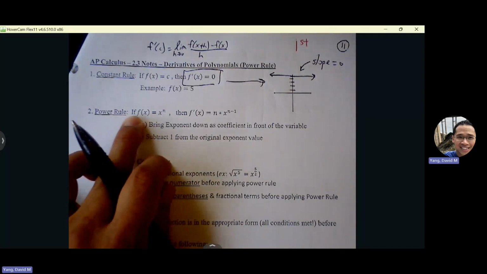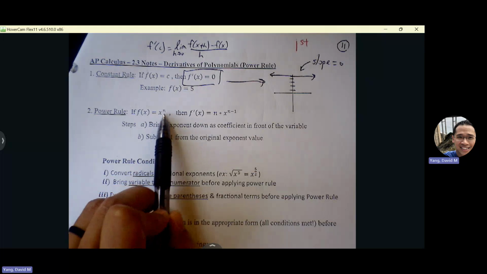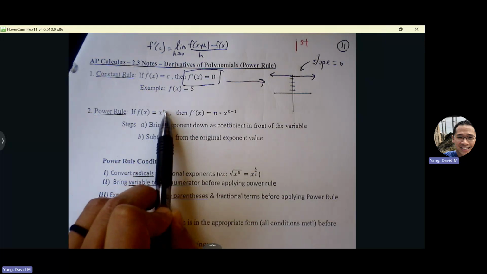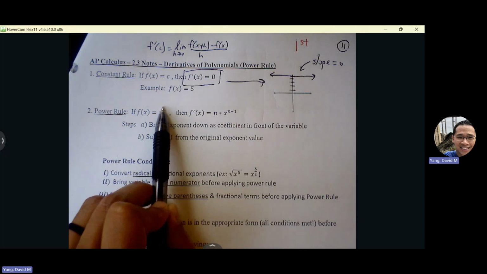So here's power rule. Power rule is mainly for a variable raised to an exponent. That exponent does not have to be an integer value, but it does have to be a rational value, like 1/4 or 2/3 or 1/3.